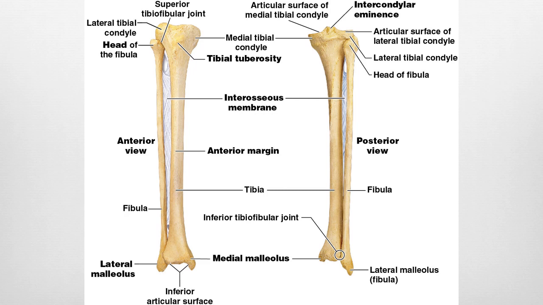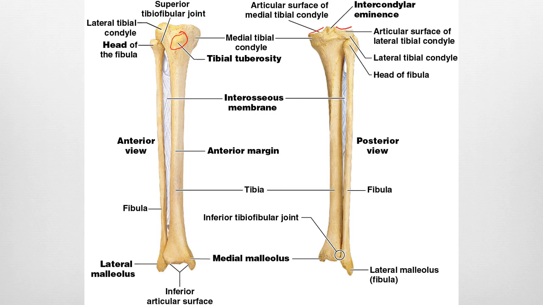The femur then sits on top of the tibia, and so we have the tibial condyles here, and that's where the femur is going to rest upon. Just off of those condyles, we have the tibial tuberosities, and so this is where the patellar tendon comes down and inserts, so this is where our big quadricep muscles are pulling on the tibia.